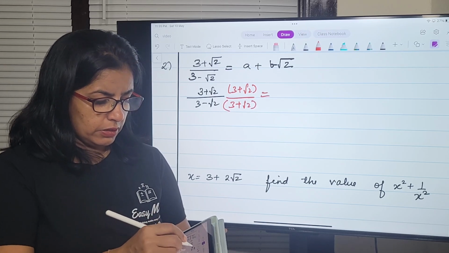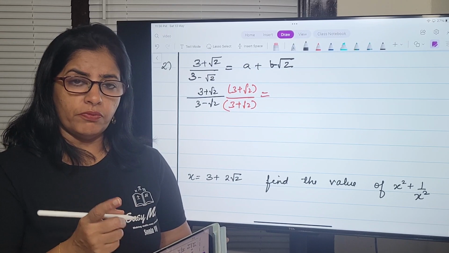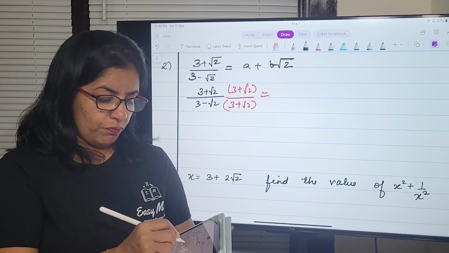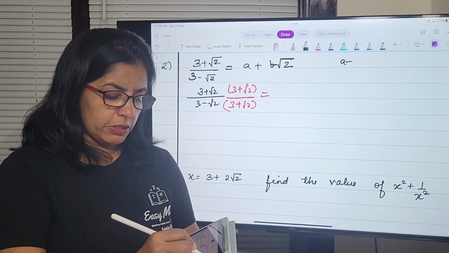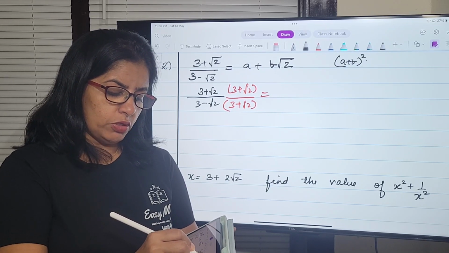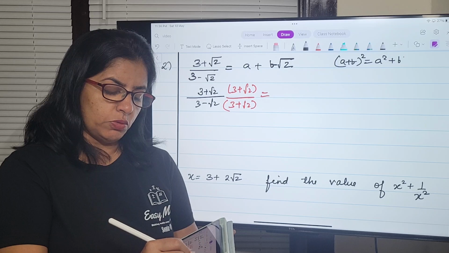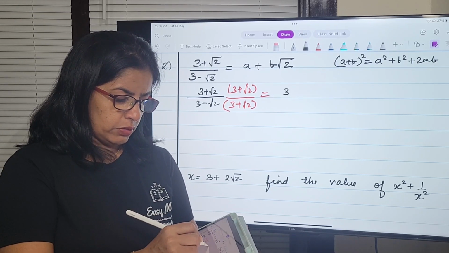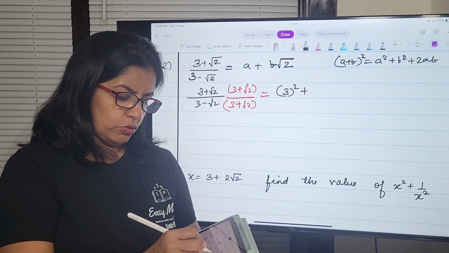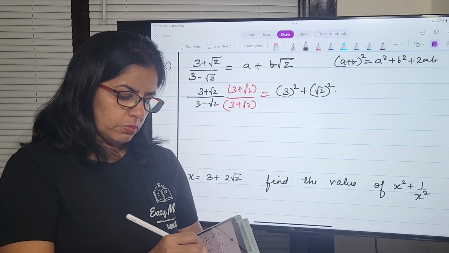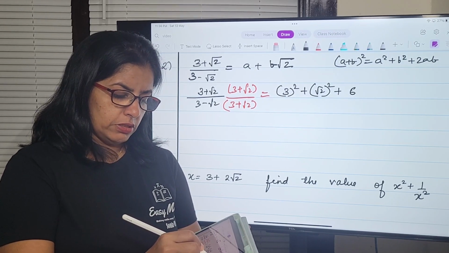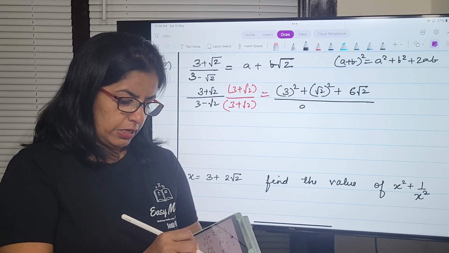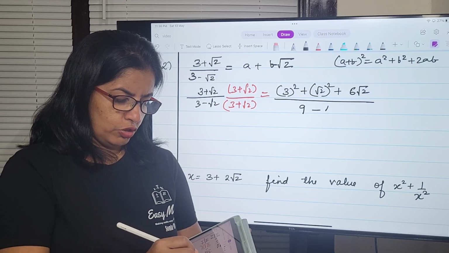If you can see the numerator, we are having a square term. We can also apply the identity if you don't want to go for the distributive property. That means a plus b whole square is equal to a square plus b square plus 2ab. So in this question, I'm going to try and solve it that way. 3 square plus root 2 square plus 2 into 3, 6 root 2, that is 2ab, upon 9 minus 2.